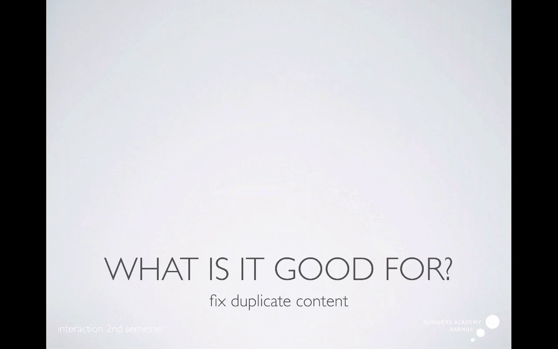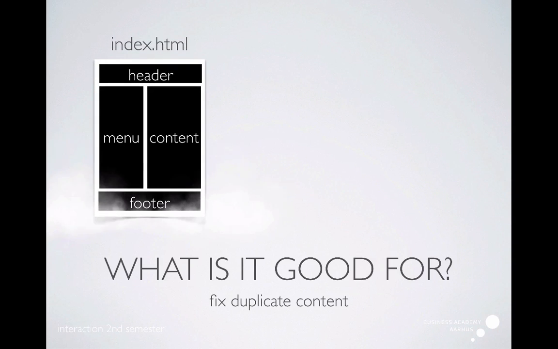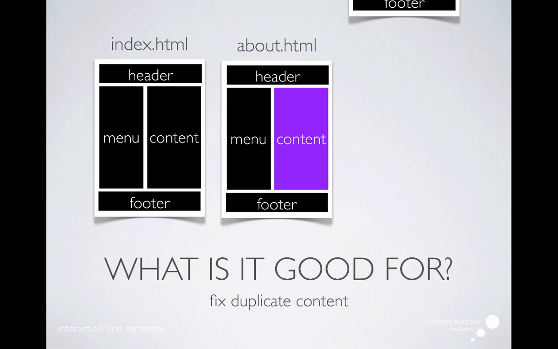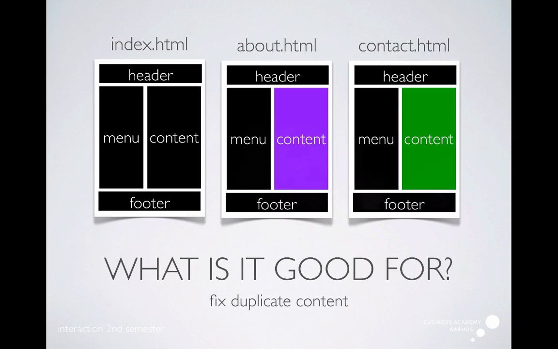What can we then use PHP for? Let's have a look at some examples. In this case, we have a static page, an index page with a header, menu, content and footer. We have an about HTML, which holds some information about the company, for example, or if it's our blog, an about page about ourselves, and then a contact page with some HTML.